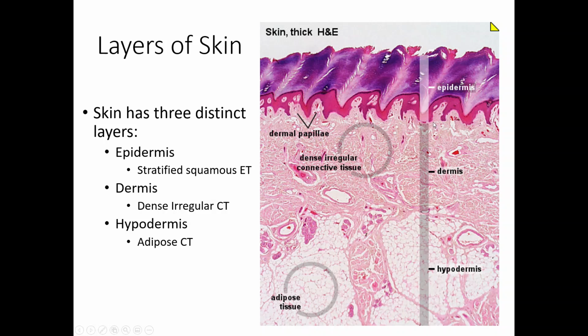So you'll notice that this is all included in your epidermis. Then we come to your dermis, the next layer. This is dense irregular connective tissue, and then your hypodermis is adipose connective tissue. And so we'll hit connective tissue here in just a minute, but you are going to want to be familiar with what these different layers look like on images and slides.